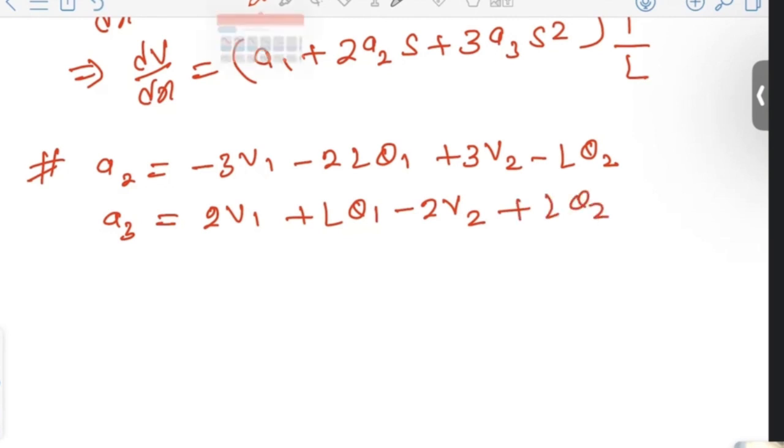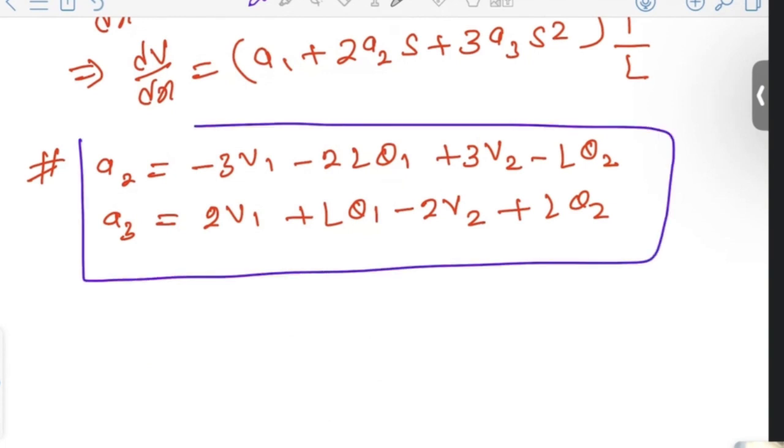So this will be our A2 and A3. A naught and A1 we already calculated. A naught is our b1 and A1 is our L theta 1.